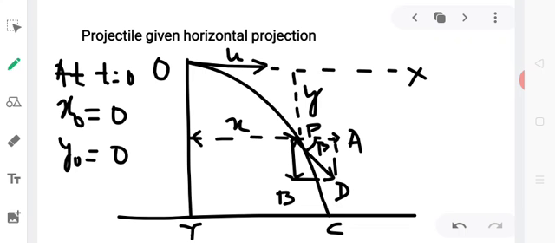Suppose at any time t, the object reaches P. Now P has coordinates x, y, as you can see in the picture. Clearly, x is the distance traveled by the object in the horizontal direction in time t, and y is the distance traveled in the vertical direction in time t.